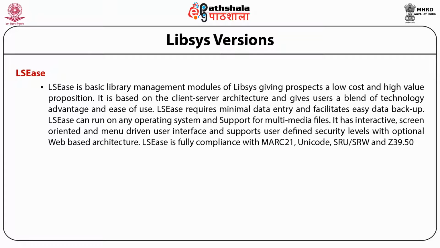LSEs is the basic library management module of Libsys, giving prospects a low cost and high value proposition. It is based on client-server architecture and gives users a blend of technology advantage and ease of use. LSEs requires minimal data entry and facilitates easy data backup.